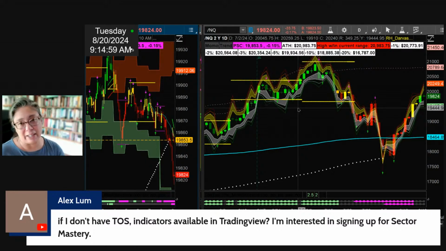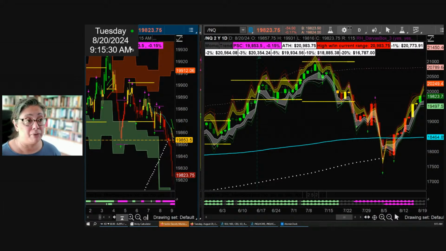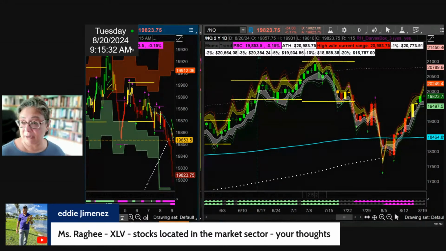And Thinkorswim, it's still easy. You download and you upload onto your platform. Not a huge deal, but on TradingView, you just click this little refresh button, and boom, the new update gets updated to your charts. And also, one thing I really like about TradingView is they have visible range volume profile, and that's that price-based volume histogram you'll see on the side of my TradingView chart. So there are some cool things, and I keep them both running. All right. Thank you for the question, Alex.